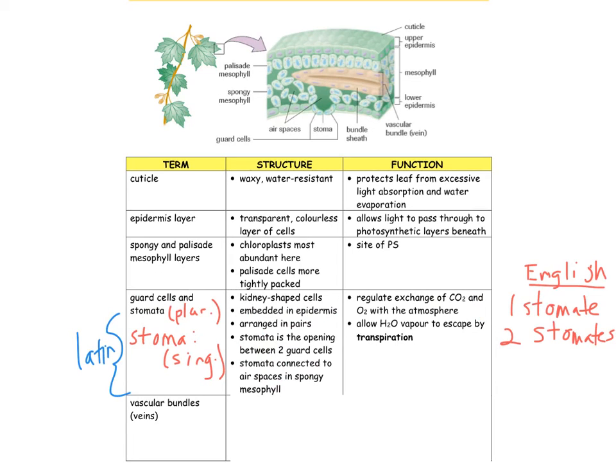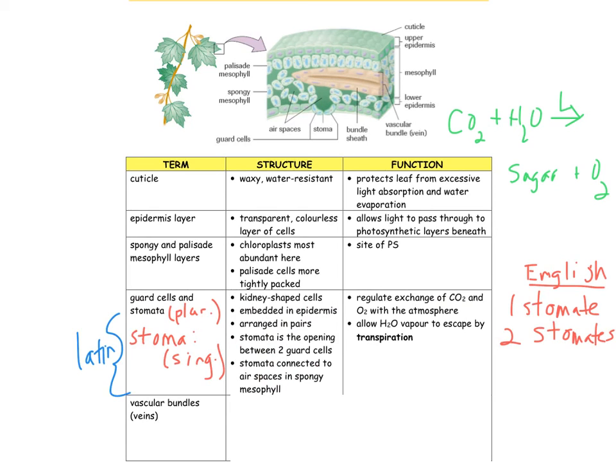Maybe I'll quickly rewrite the equation for photosynthesis: CO2 plus H2O going in along with some light energy gives us sugar and some oxygen. So we want the CO2 to go in, but we also want the oxygen to come out. The stomate and the guard cell regulate that.